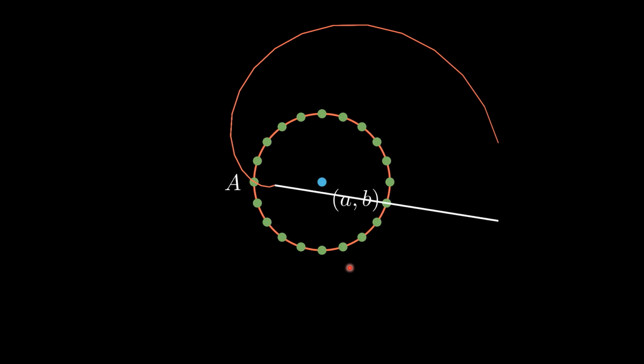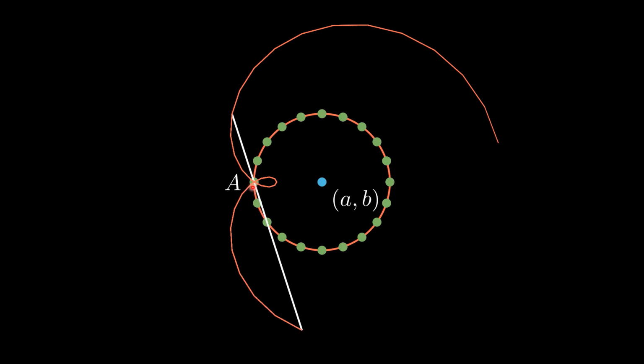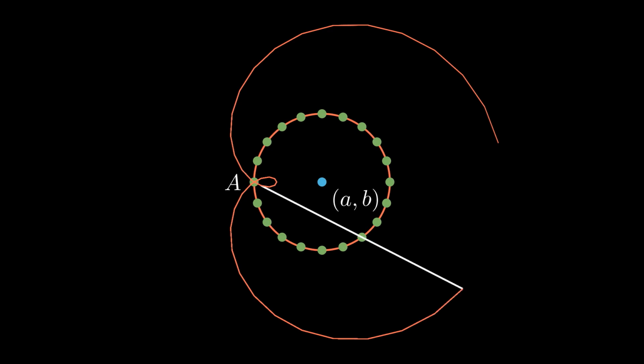A line of length 2k, in other words k on both sides of the point on which it's centered, and rotated from a fixed pivot A. So in other words, this line is k on both sides, and this is the center here, and then rotated from this point.